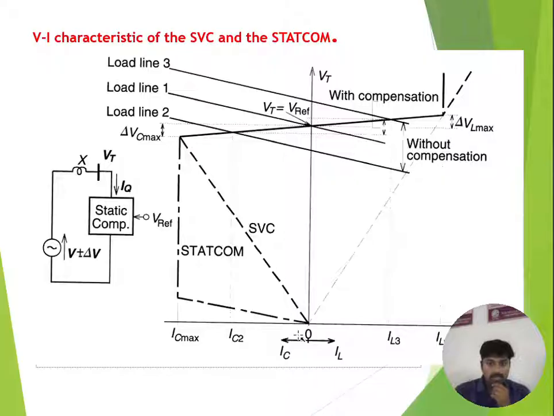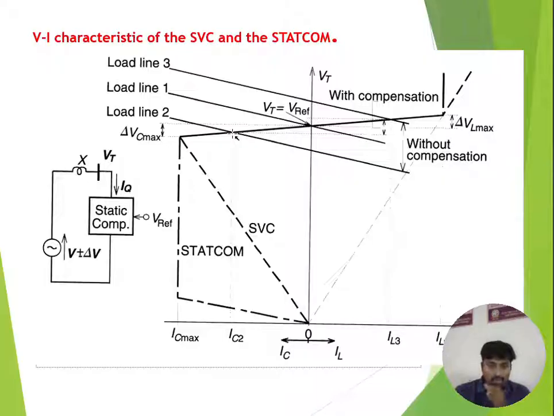Here the left hand side is related to the capacitive currents and the right hand side is related to the inductive currents. You can clearly say that here the terminal voltage is equal to the reference voltage, so there is no need of any compensation. That's why it is 0. You can see load line 3, load line 2. Load line 2 touches the VI characteristics at this point.